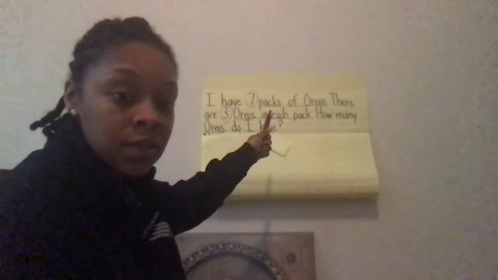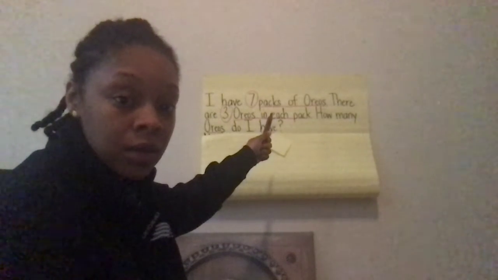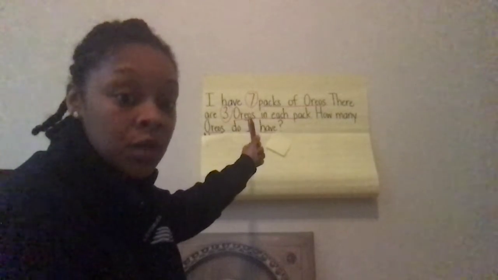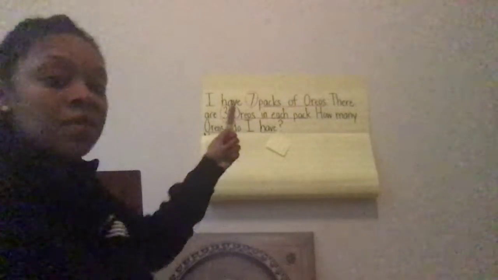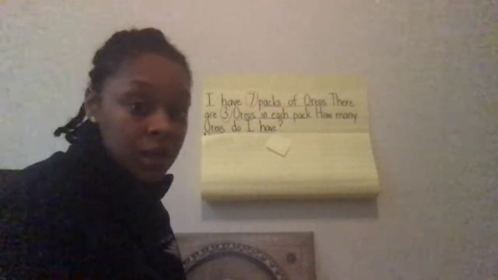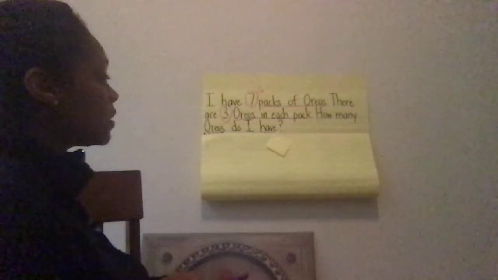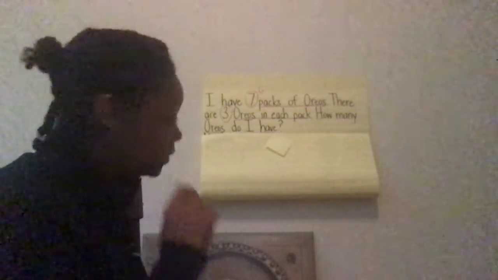Raise your hand if you think it's the 7 packs. Good, hands down. Raise your hand if you think it's the 3 Oreos in each pack. Good. So my groups are definitely the 7 packs because a pack holds cookies inside of it. So 7 represents my group. And now, do they tell me the total number of items or do they tell me the items in each group?